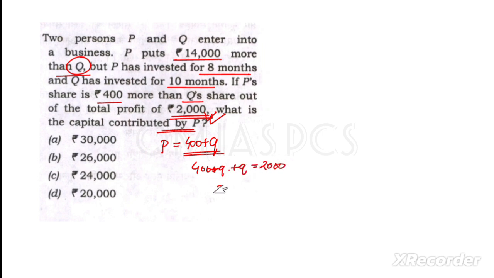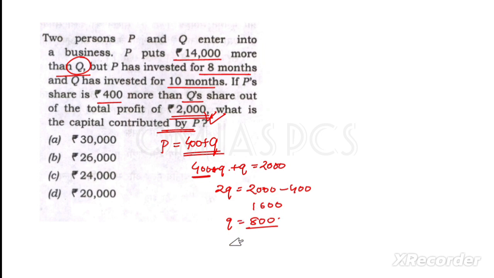So 2q is equal to 2000 minus 400, which is 1600. So q is equal to 800.